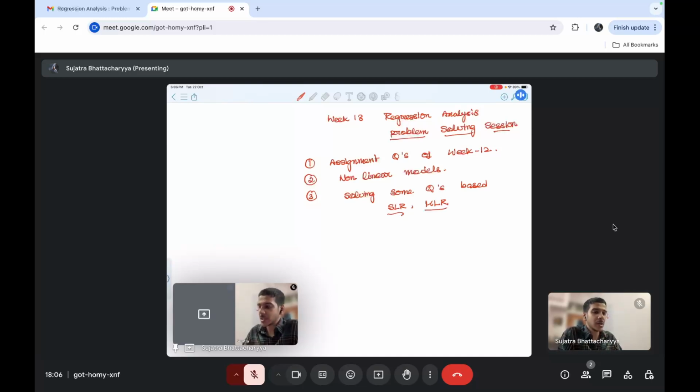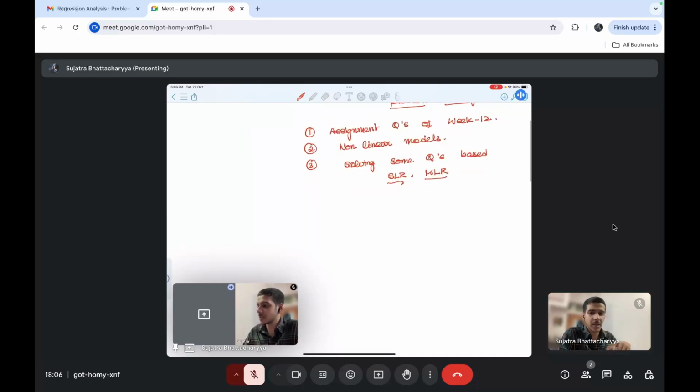So it's important to revise the questions associated with these models, because this is the fundamental thing, and based on that there are different things. We will see that after we finish the first and the second part. Okay, so this is today's plan.